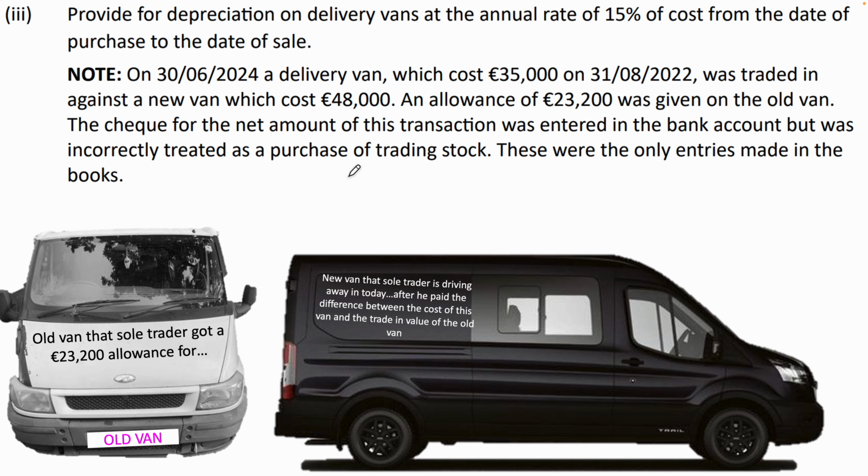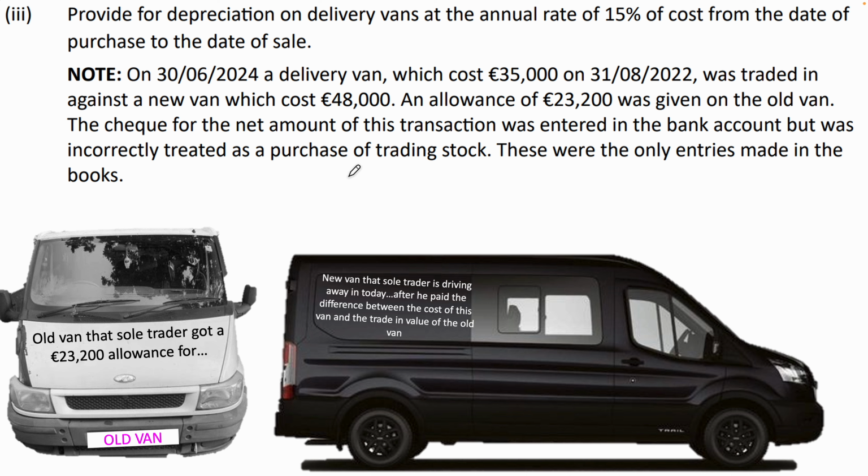Note 3 then is the delivery vans adjustments, so no difference from all of the other years. Pretty standard, copy and paste, just change the dates and change the figures. So let's have a read. Provide for depreciation on delivery vans at the annual rate of 15% of cost from the date of purchase to the date of sale.